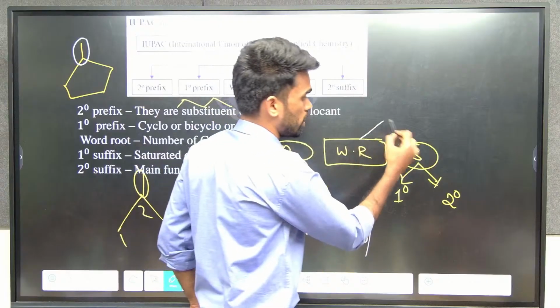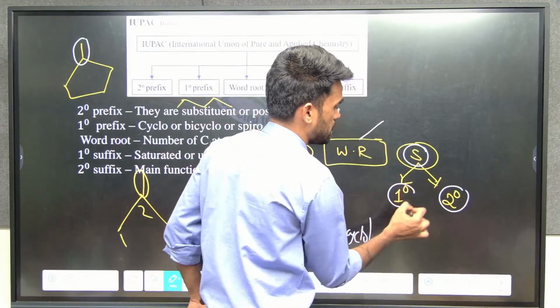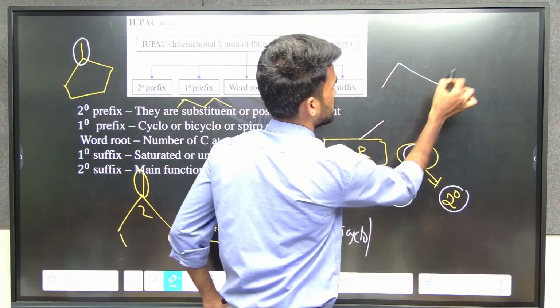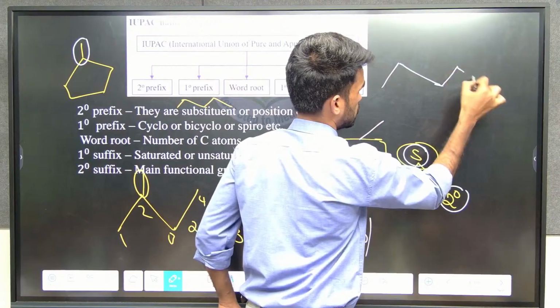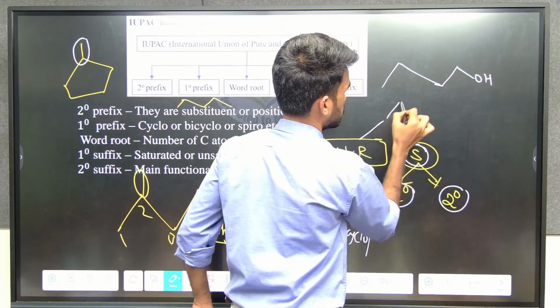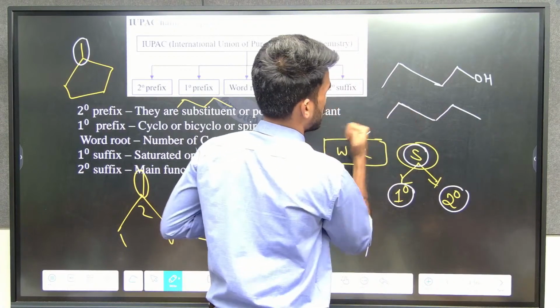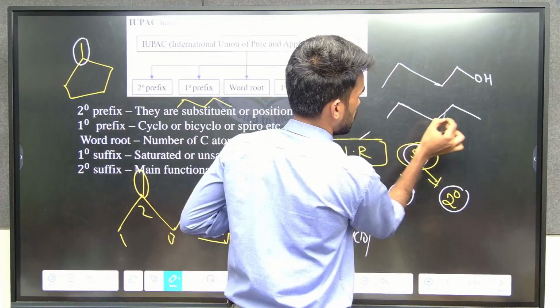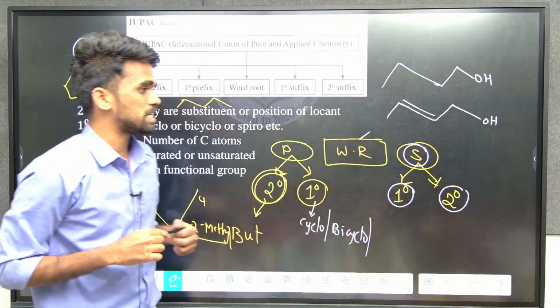Next, the root word and the suffix. What is the secondary suffix and primary suffix? If I write like this, OH, same number of carbons, and here I am writing OH with a double bond. Tell me the name of the first and second.